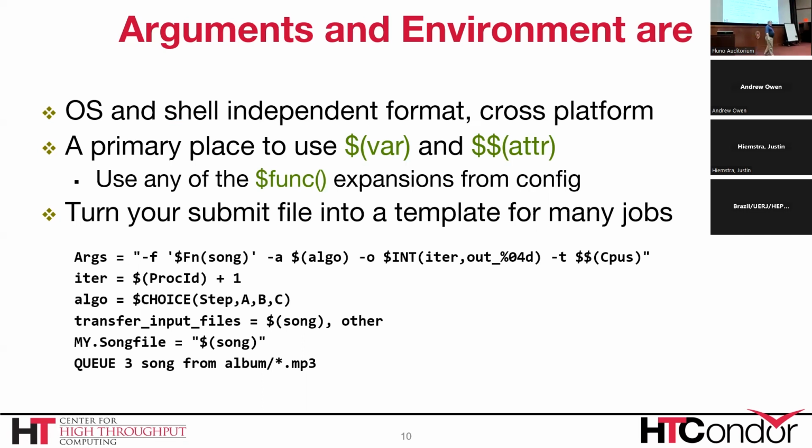So the arguments and environment are where you want to use particularly these dollar substitutions and to pick these variables up and pass those on down to your program so that you can do submit 10,000, for instance. By the way, I'm not going to go into a lot of detail in this example here.